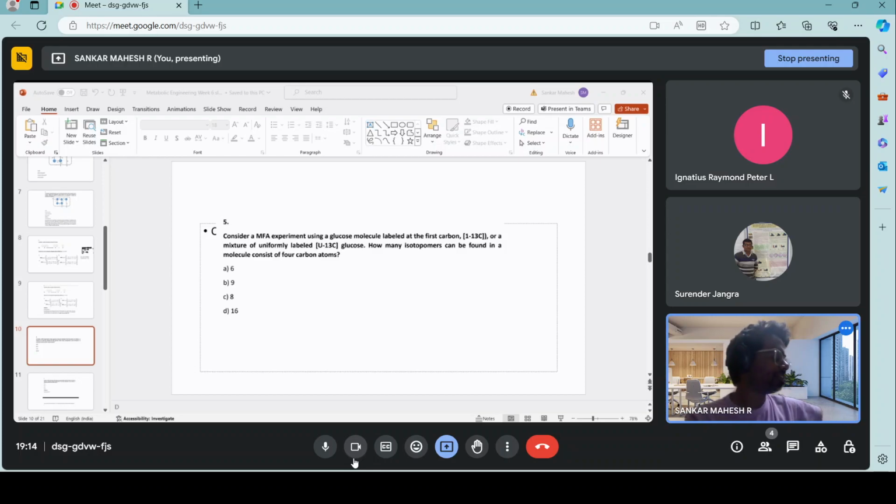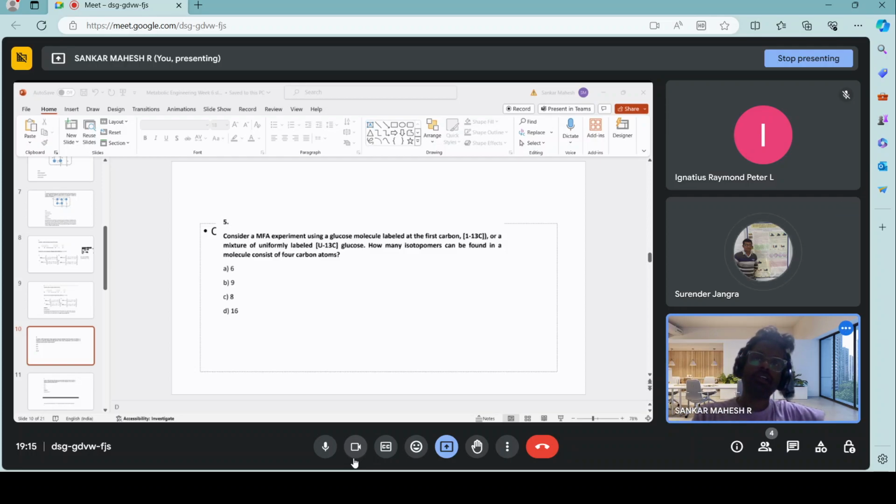So what you need to understand a bit more is that independent of whichever carbon source you use, whether it is uniformly labeled or labeled only at one end, the number of isotopomers that a particular molecule of n carbons can possibly have is 2 power n only.